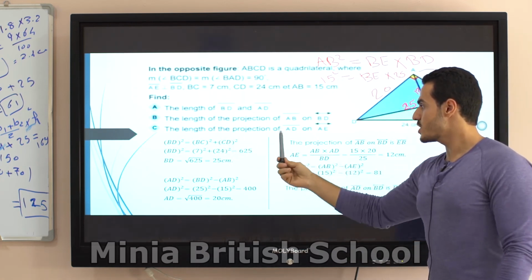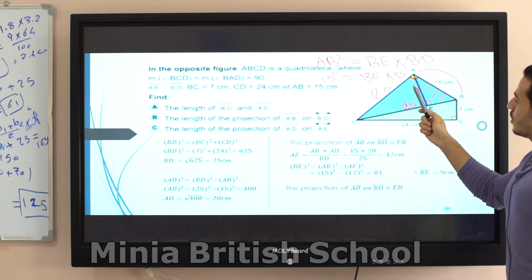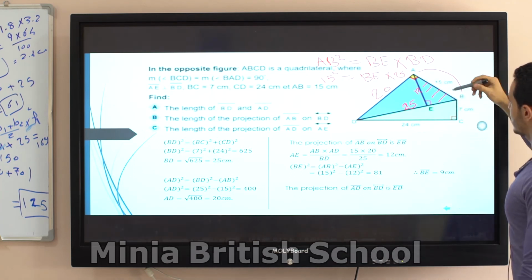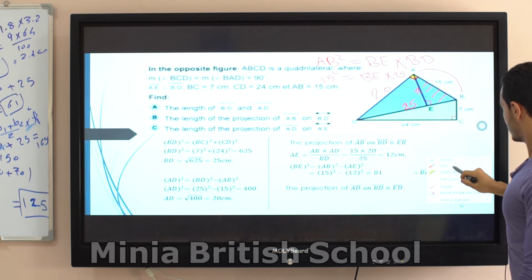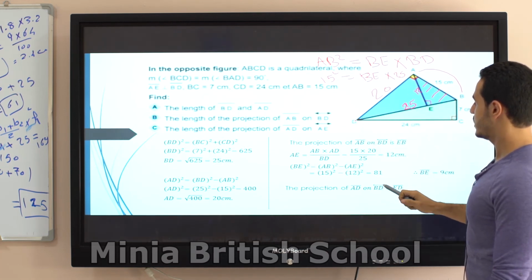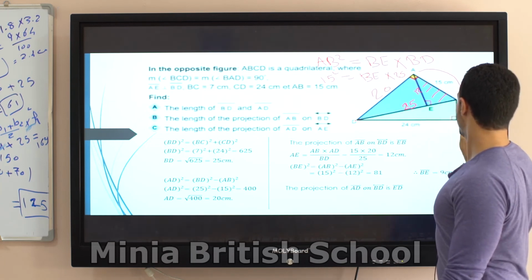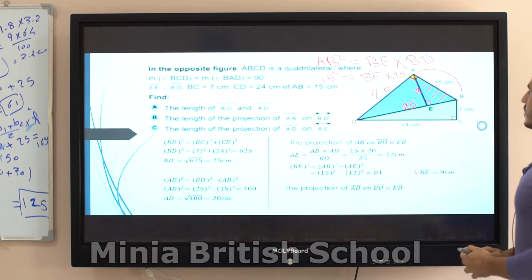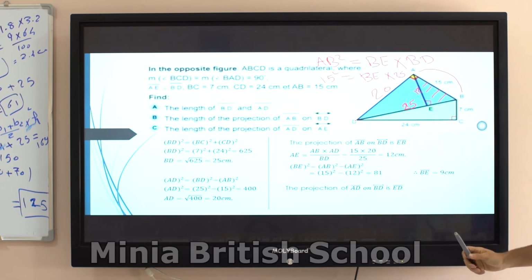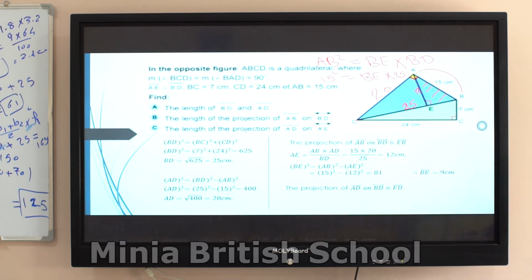Find the length of the projection of AD on BD. The projection of A is E, so the projection of AD is ED.